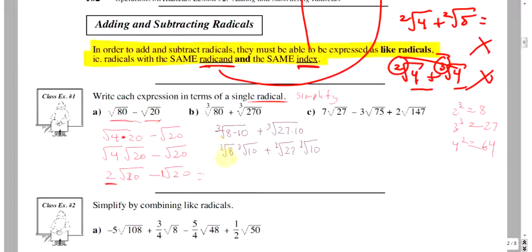And this cubed root of 8 is, again, 2. So that's 2 times cubed root of 10, or 2 cubed root of 10s. And this is 3 cubed root of 10s.